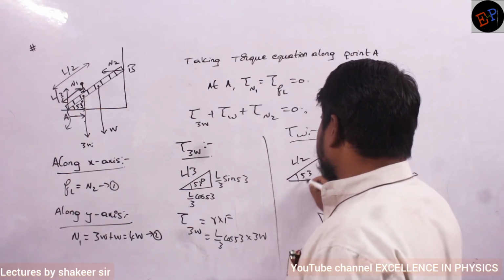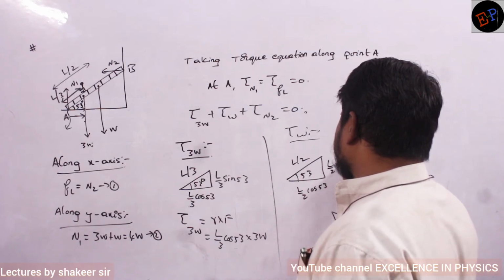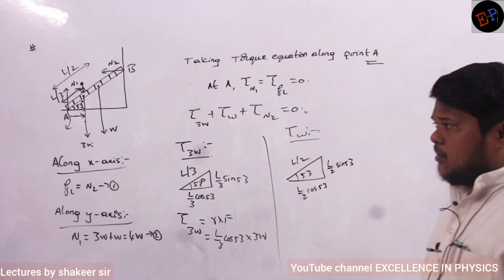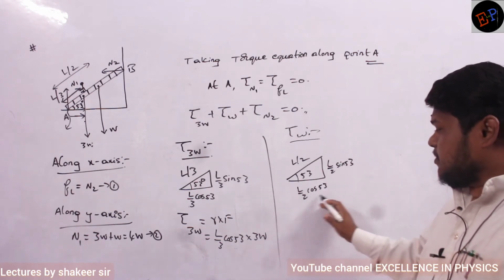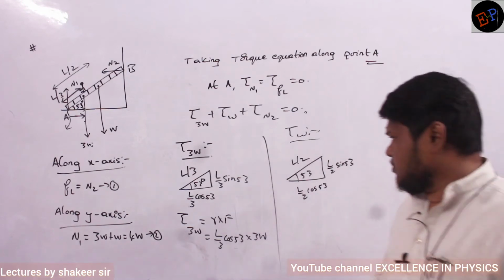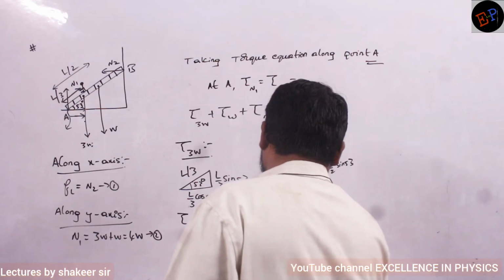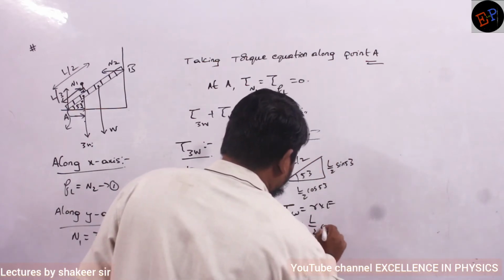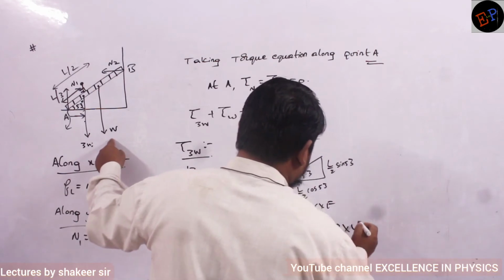Angle is again 53 only, no? So L/2 cos 53 and this is L/2 sin 53. Now W is acting somewhere here. So which is the perpendicular distance once again? L/2 cos 53. So therefore torque due to W is R into F. So radius vector is L/2 cos 53 multiplied by force, which is nothing but the weight of the ladder W.